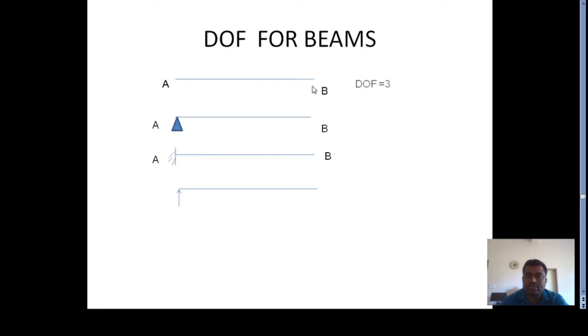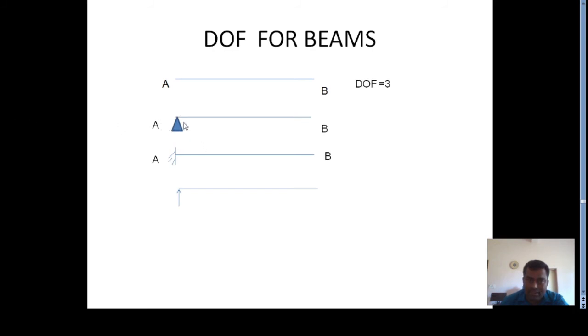That means the degrees of freedom will be 3 at support A and also at B. The first is horizontal, the second vertical, and the third rotation. Similarly at support B: horizontal, vertical and moment, so 3 degrees of freedom at A and also B.